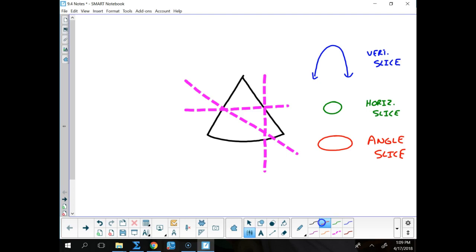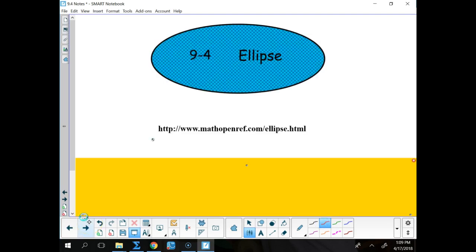It's all about how you slice the cone as to what conic section you get. So today we are going to hit up ellipses. We're going to do that diagonal, at an angle slice.